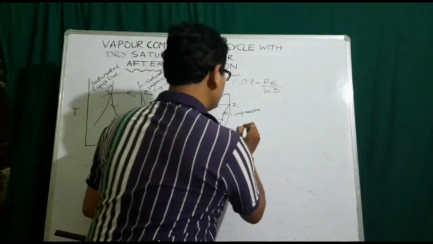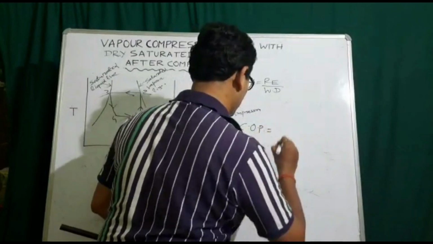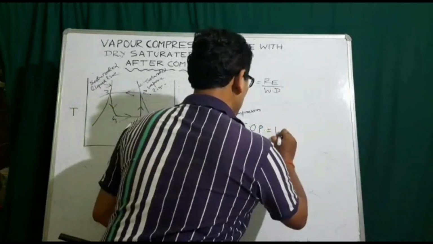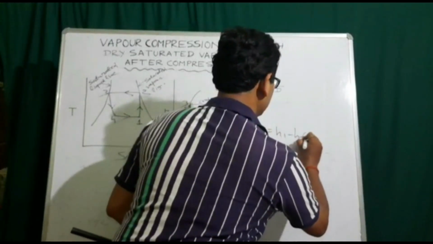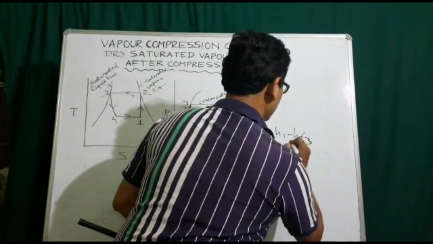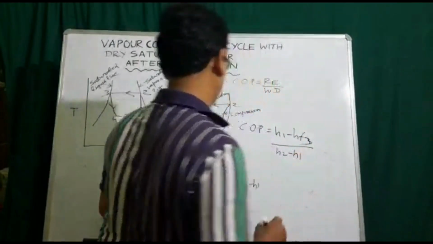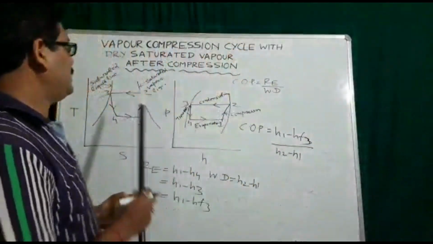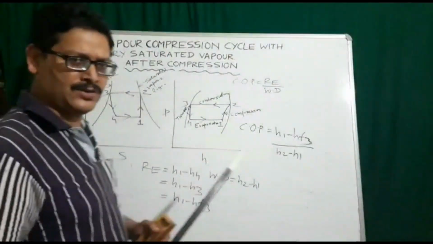Now if you substitute those things, you get the coefficient of performance or COP equal to H1 minus hf3 divided by H2 minus H1. So this is all about the vapour compression cycle with dry saturated vapour after compression.